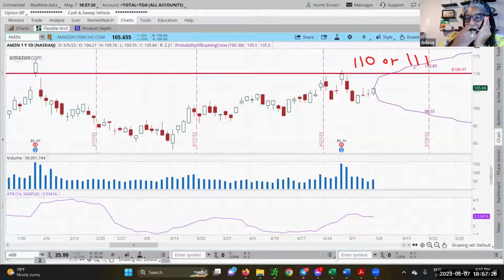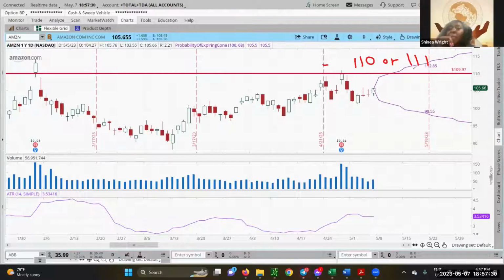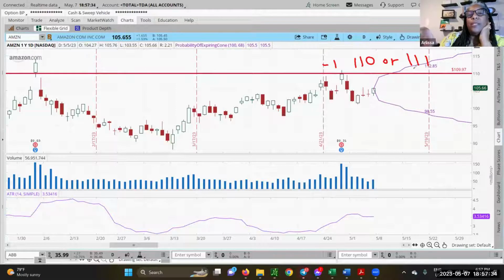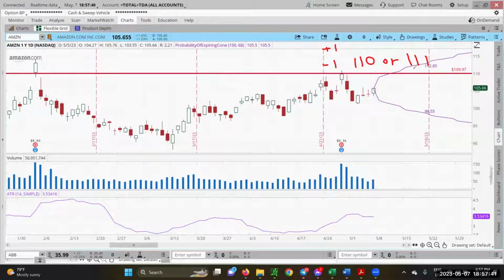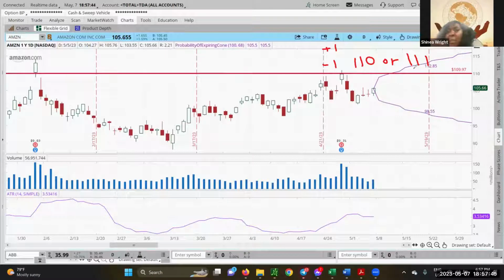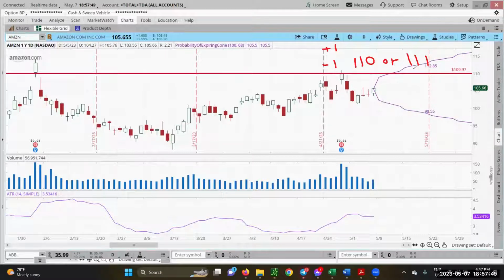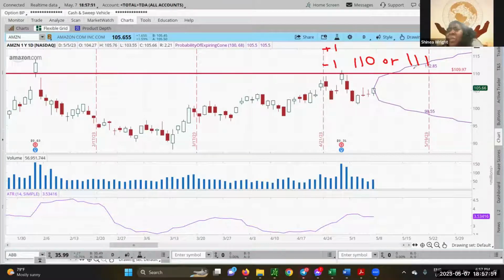What about our buy leg? How would we pick our plus, our buy leg? It's the opposite of the sell leg, but it's still above.